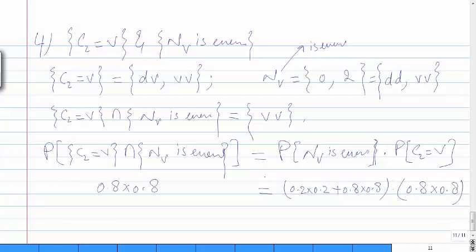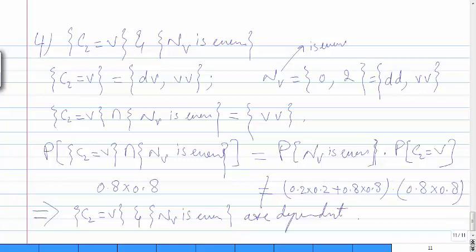So these are not equal, which implies that C2 equal to V and NV is even are dependent. So this is the way you can solve these independence questions. So I will stop here.